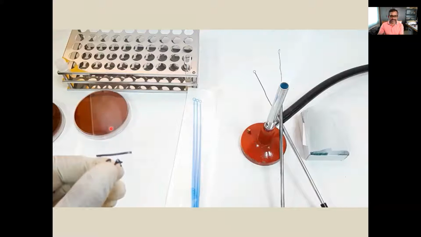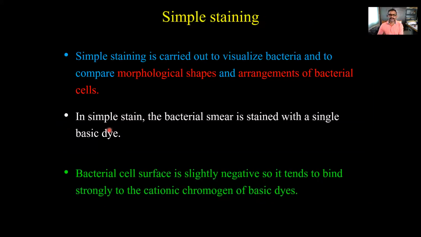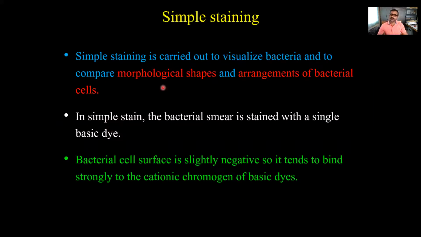This is the procedure for preparation of a bacterial smear. This needs to be prepared before staining the culture with any type of stain. Next we will understand how to do a simple staining.